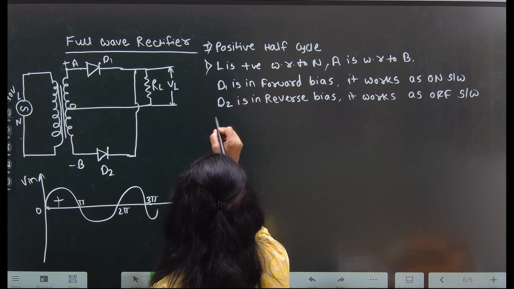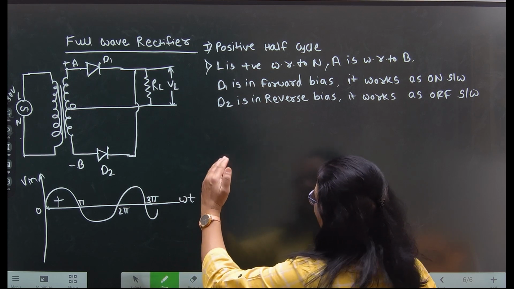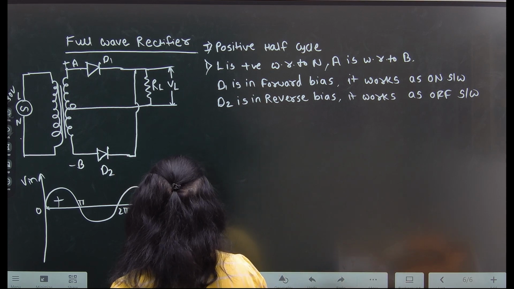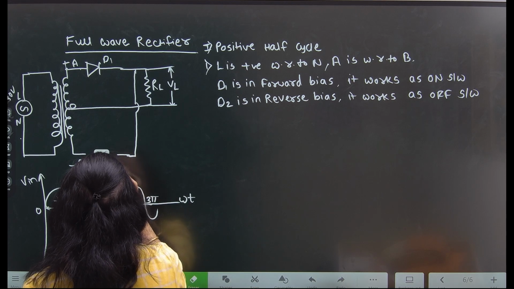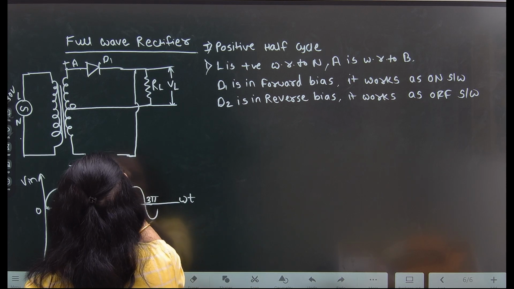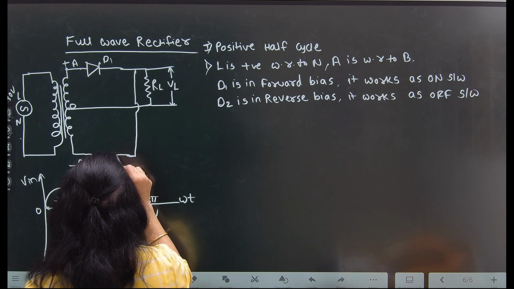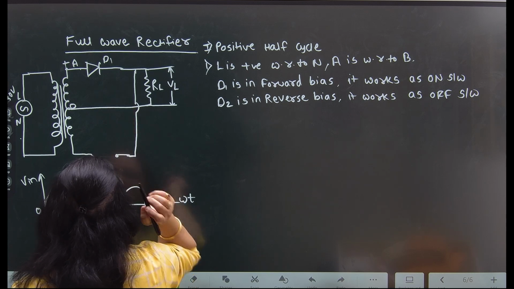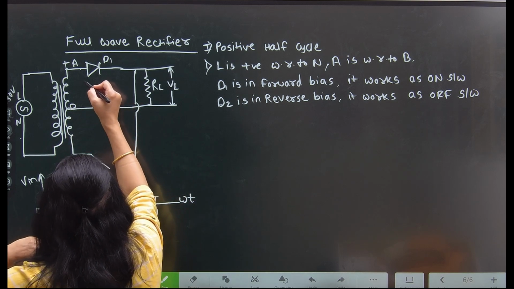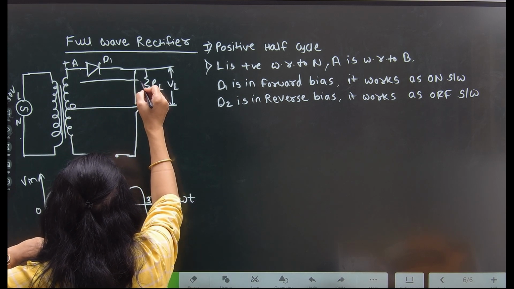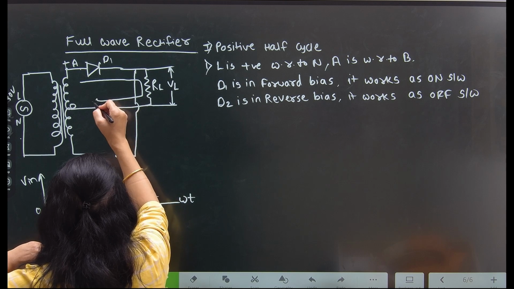Here this one is in reverse bias, so it will work as an open switch. And this one is in on state. So current will flow from here to here and then here.